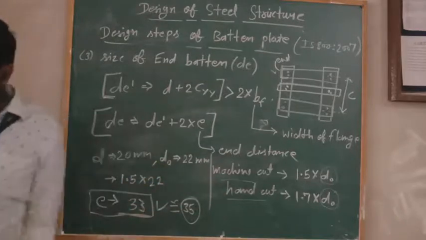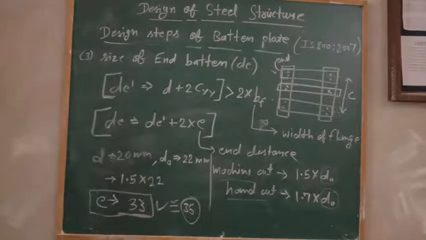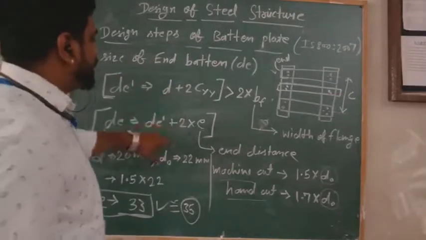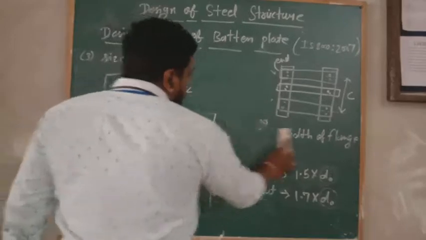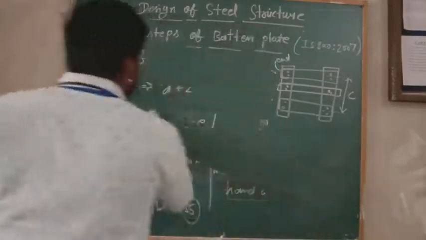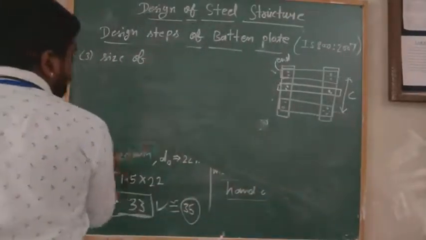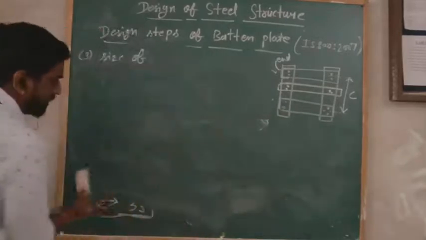Now the next step is to find the size of intermediate batten. This was the size of end batten. Intermediate battens are connected in the middle of the column.